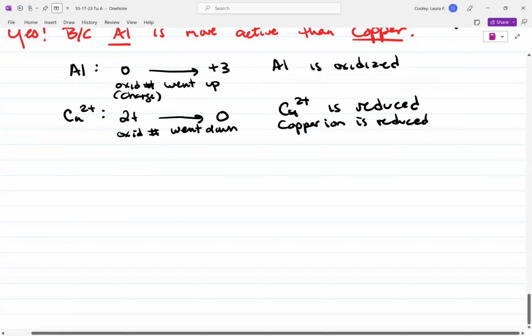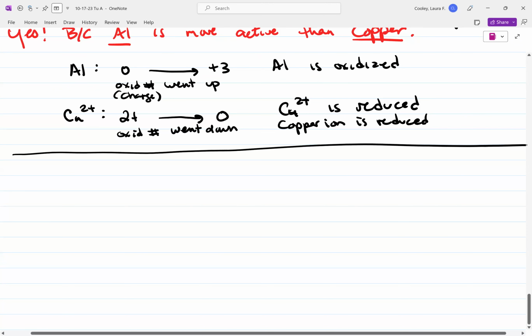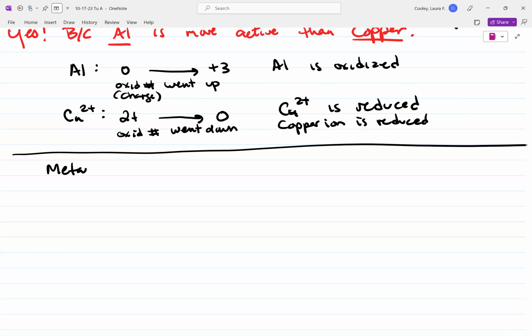So far we've seen that one kind of replacement reaction. There's another kind of replacement reaction that we talk about in this course, and that is metal plus acid. So that's another type of reaction. And here's an example. Aluminum plus hydrochloric acid. What type of acid is HCl?